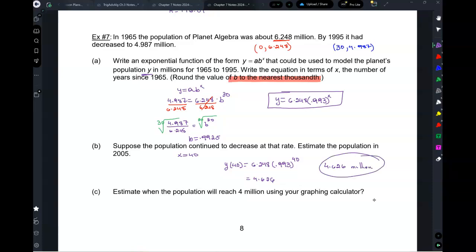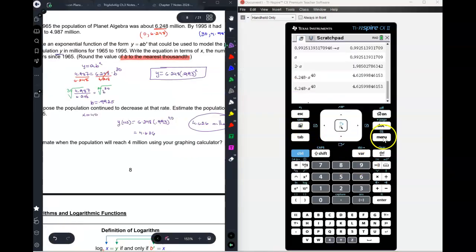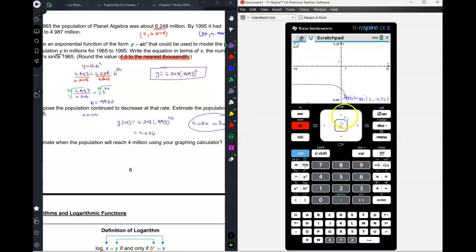All right. Estimate when the population will reach 4 million using your graphing calculator. Okay, why don't we go ahead and do that? So we're going to do this on our graphing calculator. So let's go here. I'm actually going to clear this. Okay, so let's graph this. So what do we have? We have 6.248 times that number a, right?